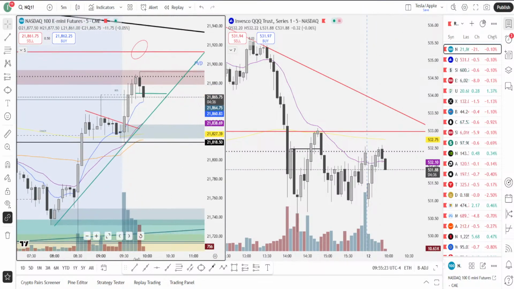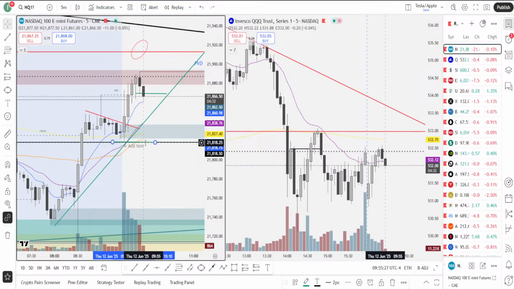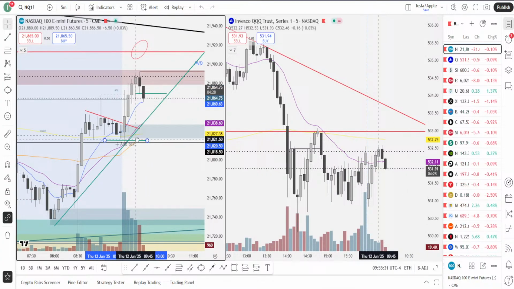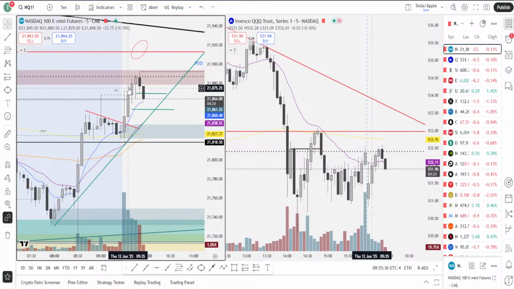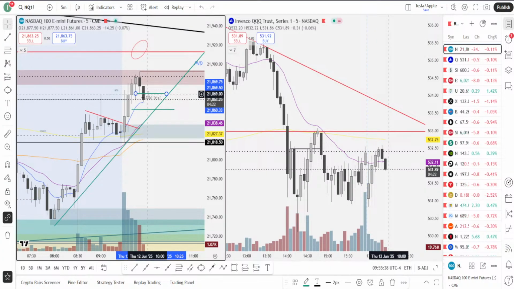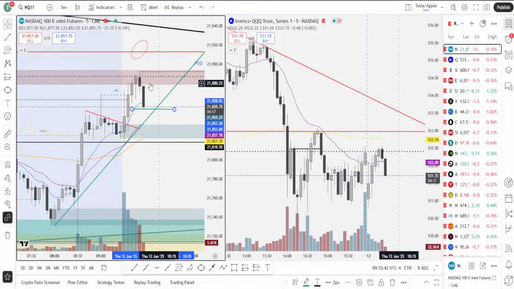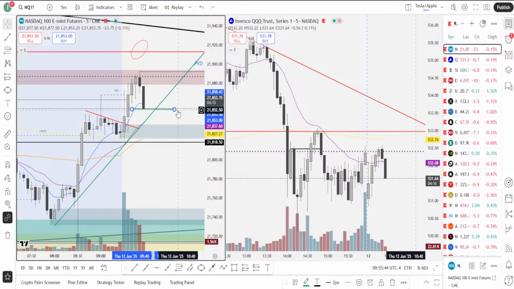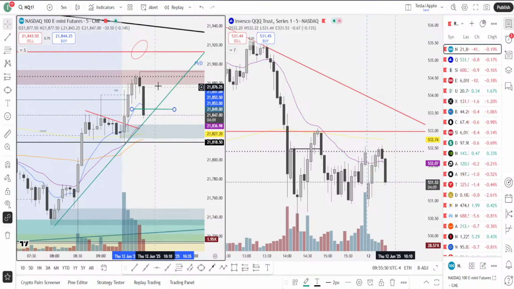Okay, so we have a low here. We have a low here. Let's see if they create a higher low here to let us know whether this still has the opportunity to go higher. I'm already out on this trade, but I want to see if they can still try it a second time.